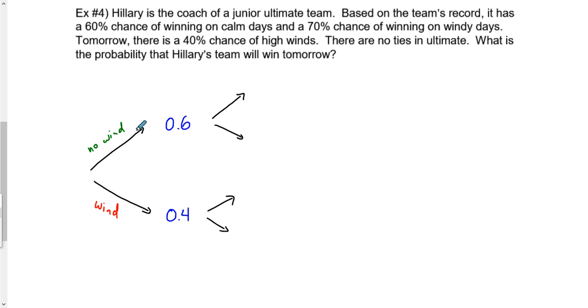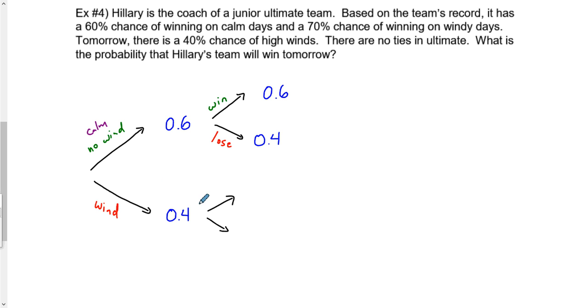If there's no wind, what's the percent that she's going to win? She has a 60% chance of winning on calm days. Well, if it's a calm day, so again, this is no wind, she could still potentially lose. Meaning, there is a 40% chance of losing.